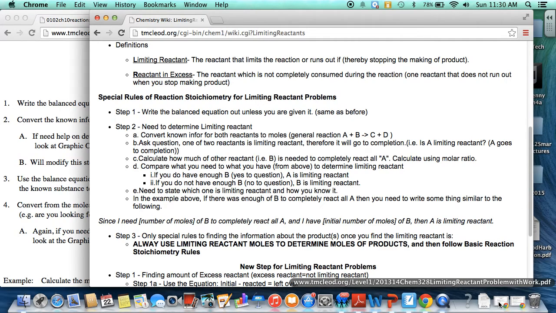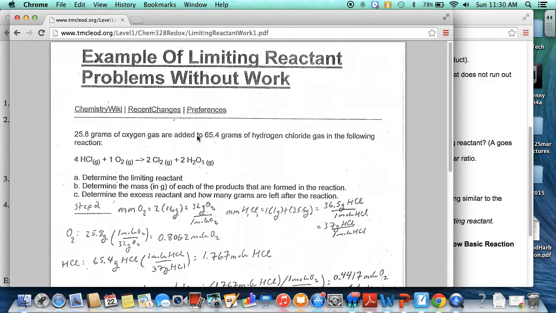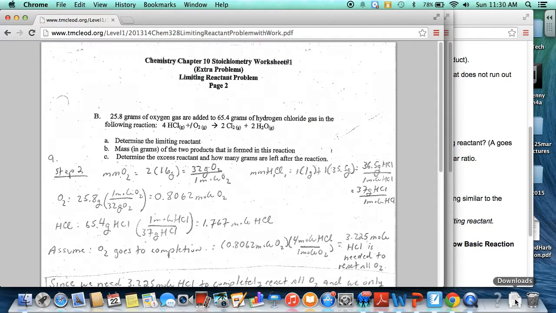Okay, so I'll get you one of the examples up here. So here's an example. This example here is exactly like this example here, except different typing. So in this one, we're changing. They gave us information about oxygen and hydrogen chloride.